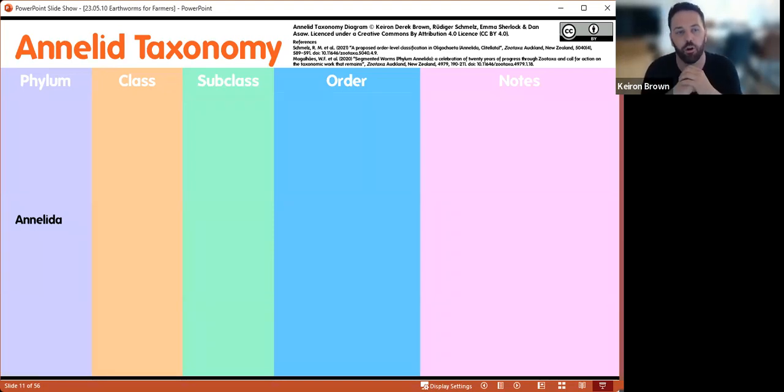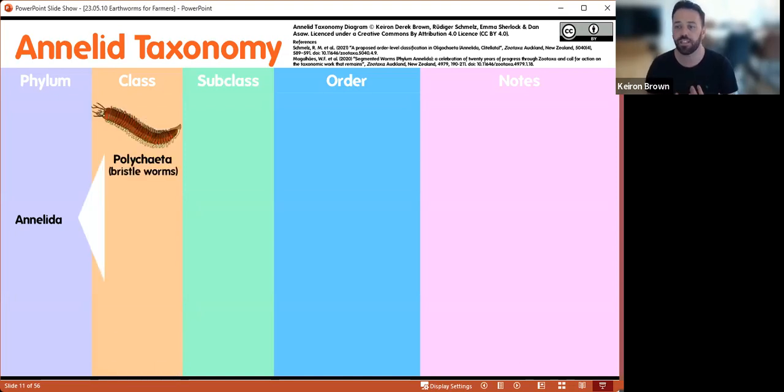Earthworms belong to this group called the annelid worms, or Annelida is the scientific term. So these are all the segmented worms. If you find a worm and it doesn't have segments, it's not an annelid. If you find a worm and it does have segments, then it is an annelid. It's that simple.